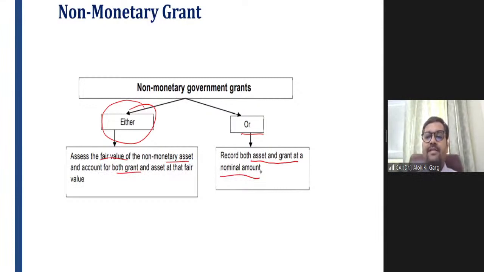Yes, Shraddha, you are right. Why should there not be any income in P&L? Because nothing is paid. So Shraddha, the concept is that either you recognize at fair value, like in the first case, where we did machinery account debit to deferred government grant.